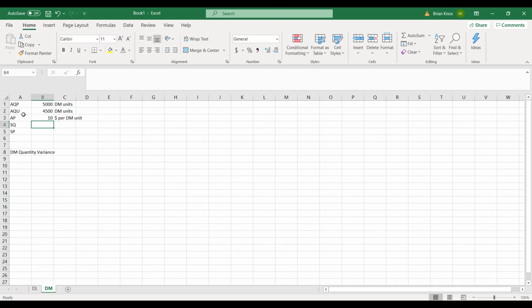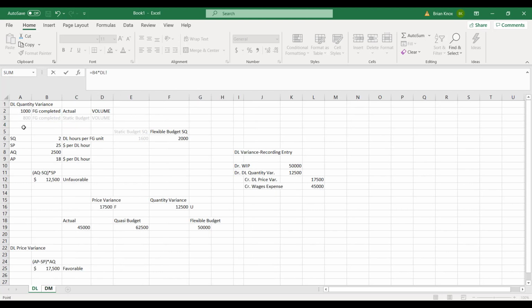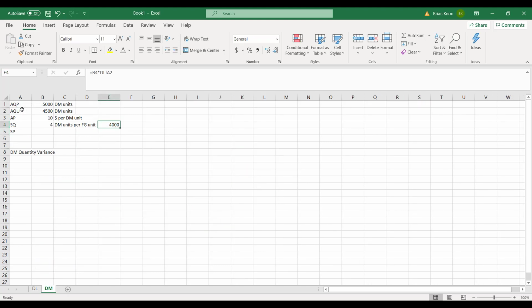Let's just say that the standard is to use 4 DM units per finished goods unit. And so therefore we have this standard quantity per finished goods unit times our actual finished goods units to give us the SQ that we're going to use of 4,000. Our standard price, let's go ahead and say it was $9.